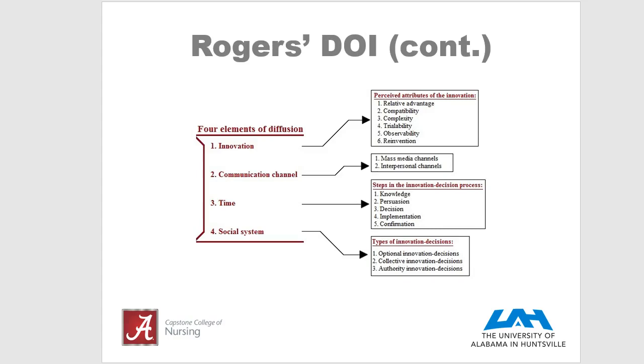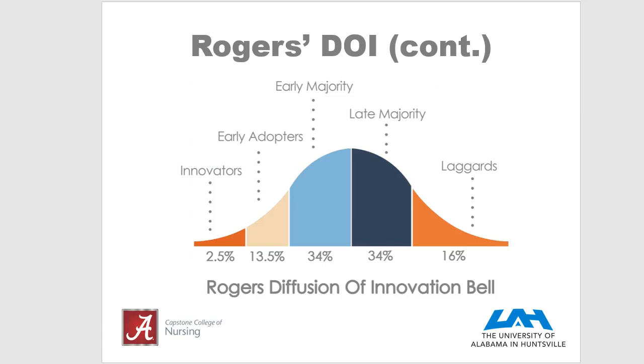To try to explain a little bit more, he says there are 4 elements of diffusion: innovation, communication channel, the timing, and the social system that exists. But this is probably a more popular piece of his theory, and that's his diffusion of innovation bell. And so he considers the innovators to be this part of the population.